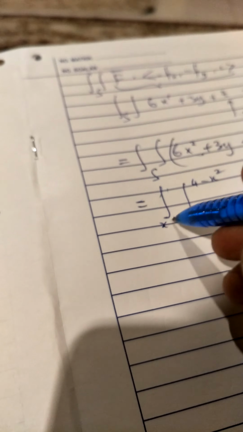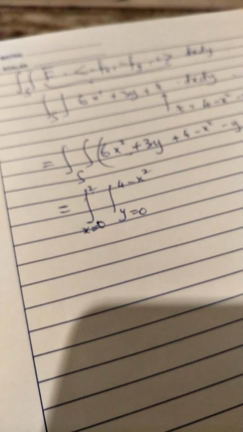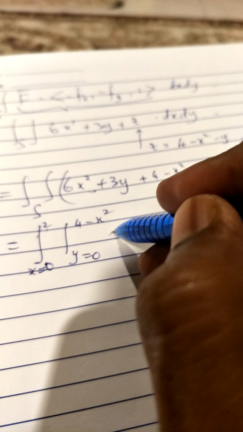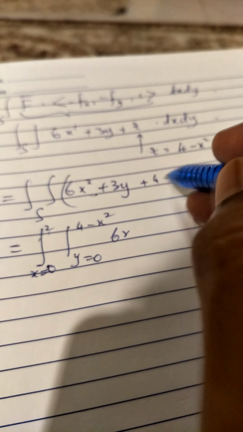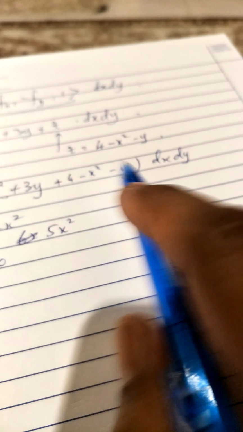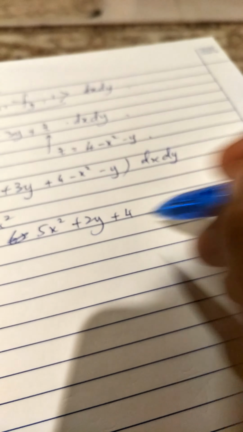Then put everything there: 5x squared plus 3y minus y, so plus 2y plus 4, now dy dx.